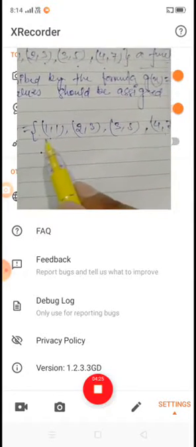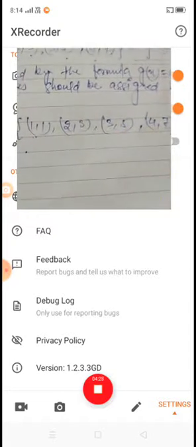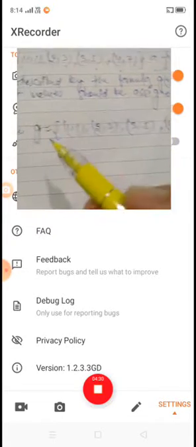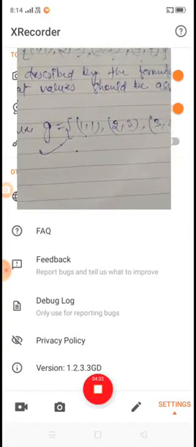So by the definition of function, g is a function.